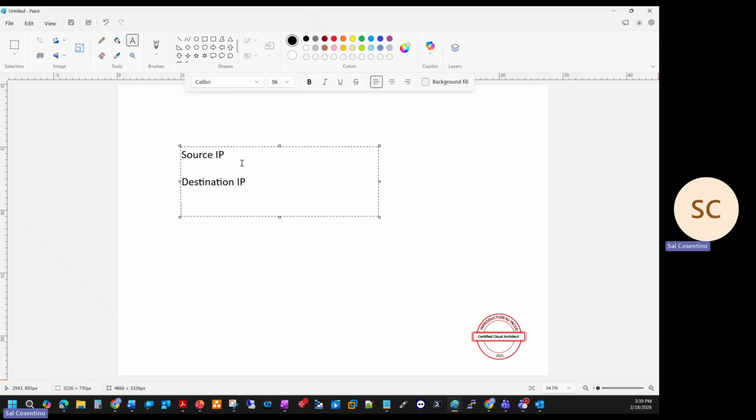Then we talk about the protocols: you're looking at the source port, and then down to your destination port. Your source and destination ports and IPs.